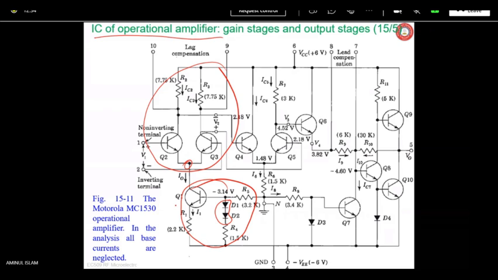So VBN4, I mean to say base to neutral, what we have already got, minus VBE4, the potential difference between these two, is nothing but this 1.48 volt we get.